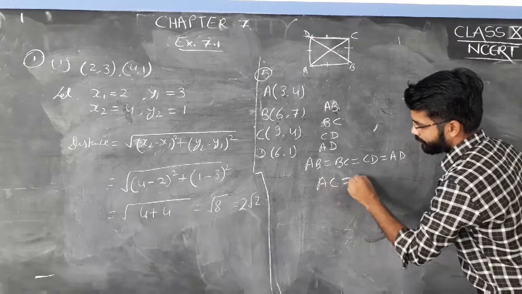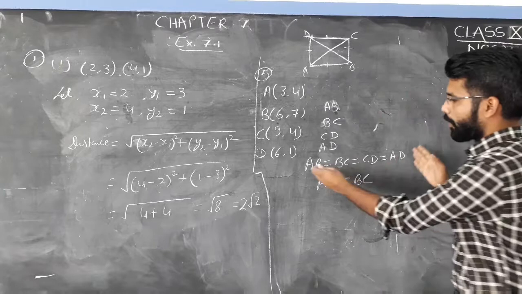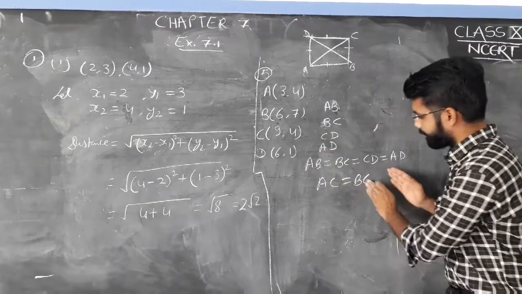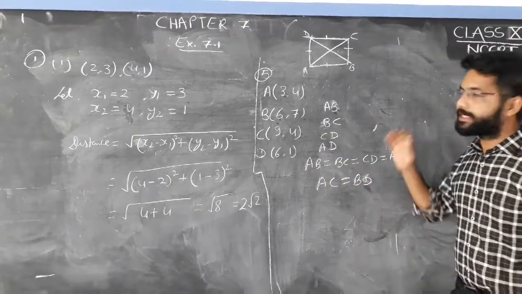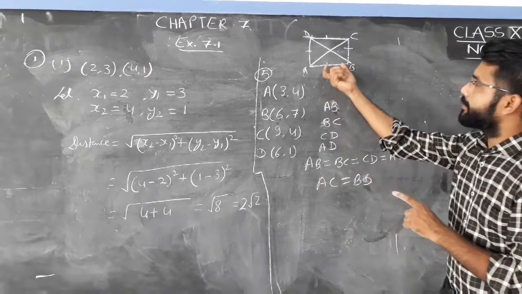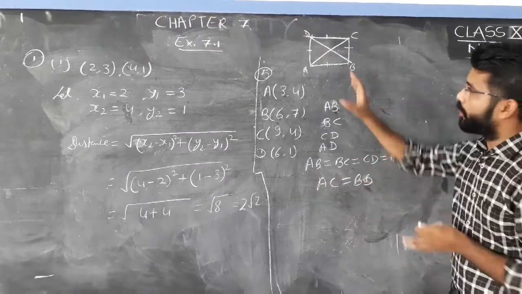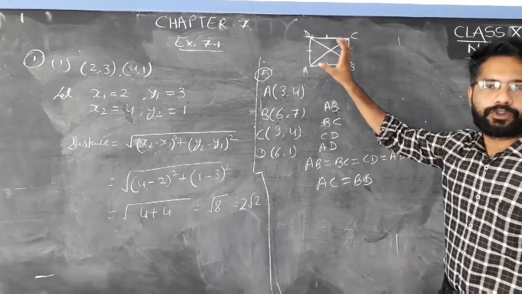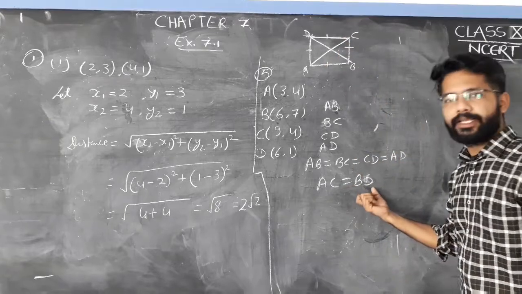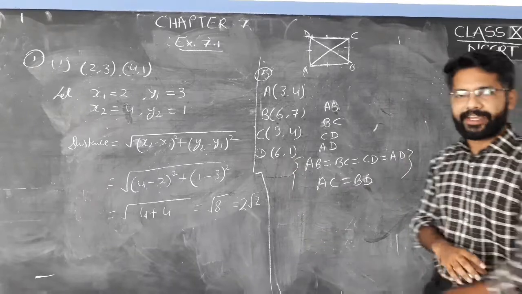If you find AC equals to BD, this 6 things, AB, BC, CD and AD all are equal, and AC and BD are equal, then you can say that it must be what? Square. So square की condition क्या है? Sides की distance है, so AB, BC, CD and AD all will be equal, and diagonals are also equal. So AC and BD both should be equal.